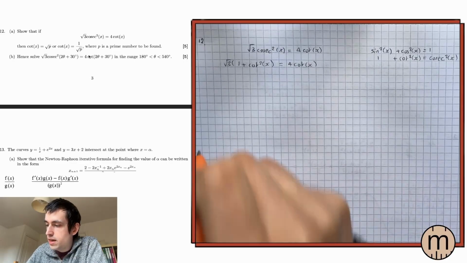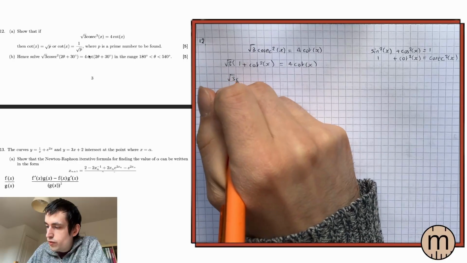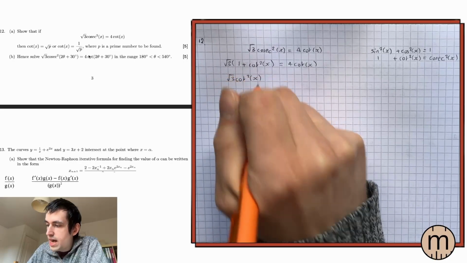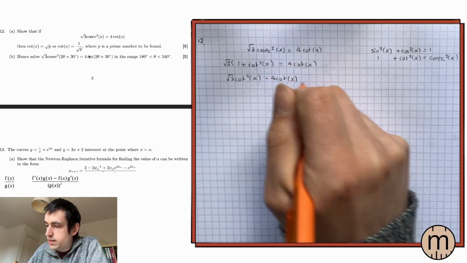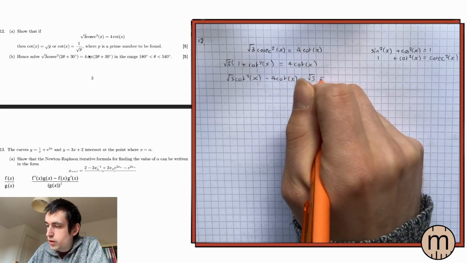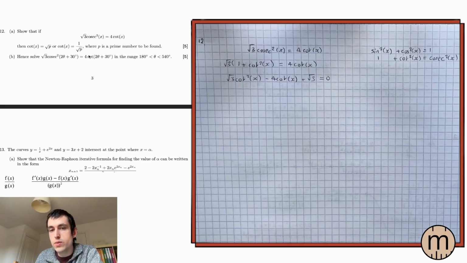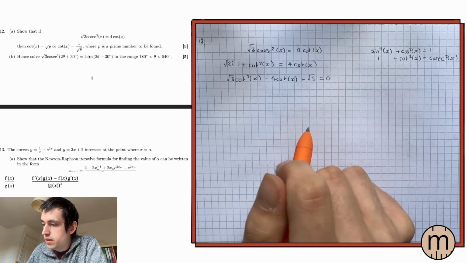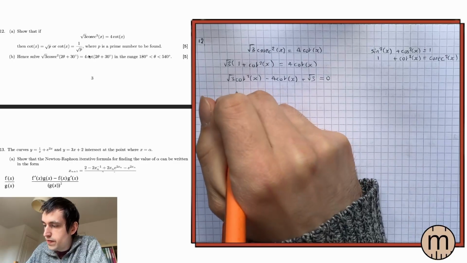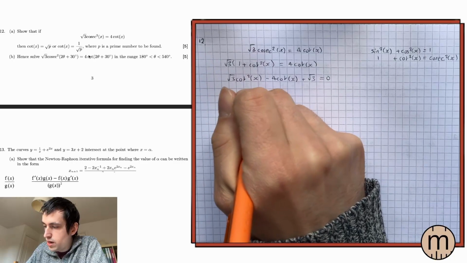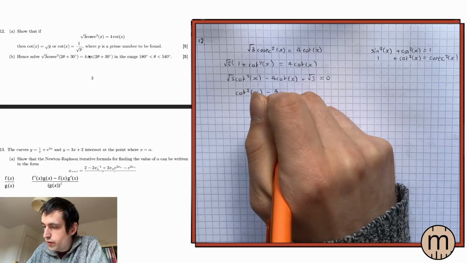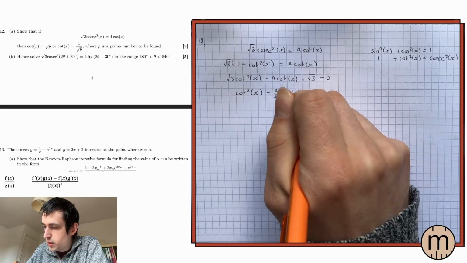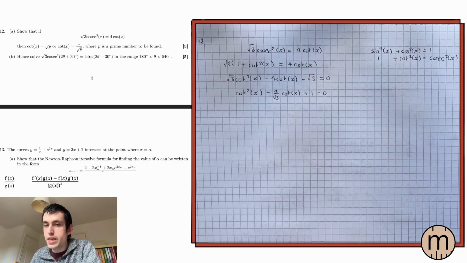That means that root 3 cot squared x minus 4 cot x plus root 3 is going to be equal to 0. And then if we go even further, maybe we divide by root 3: cot squared x minus 4 over root 3 cot x plus 1 will be equal to 0.